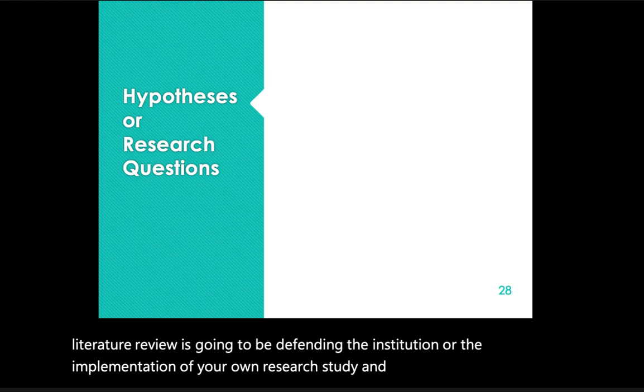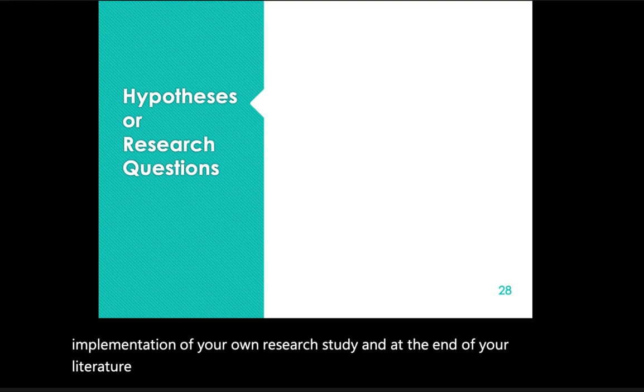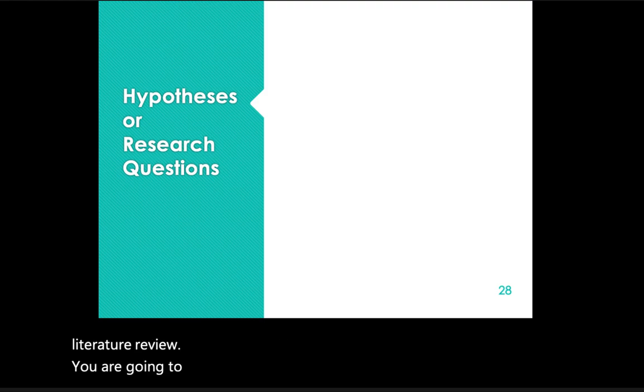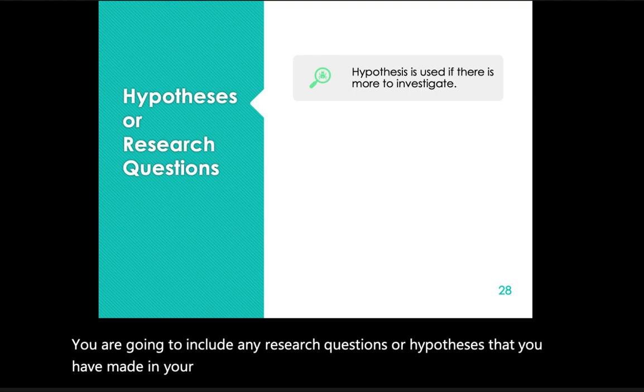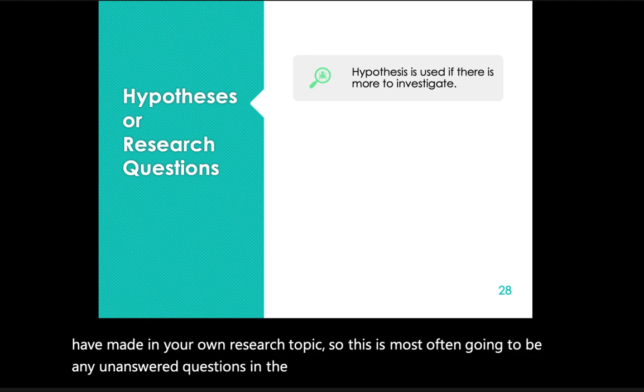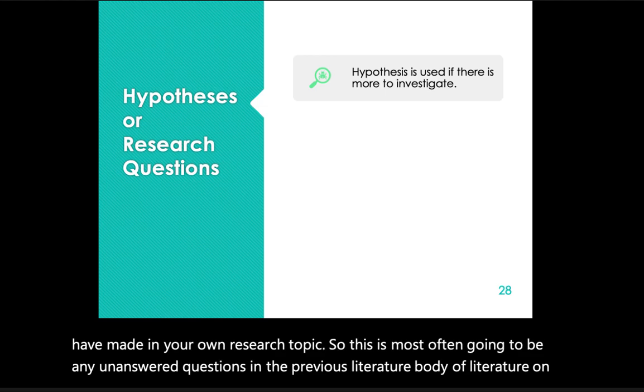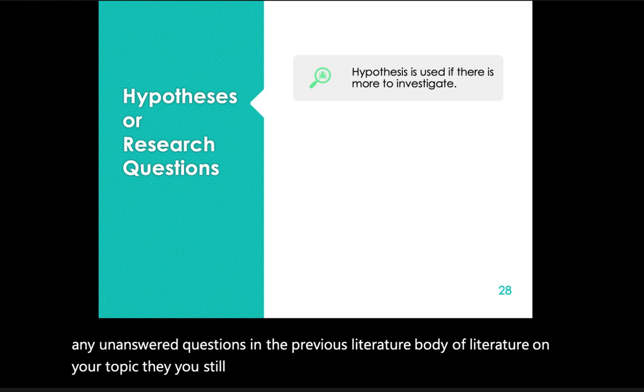And at the end of your literature review, you are going to include any research questions or hypotheses that you have made in your own research topic. So this is most often going to be any unanswered questions in the previous literature or body of literature on your topic that you still feel is worth investigating.